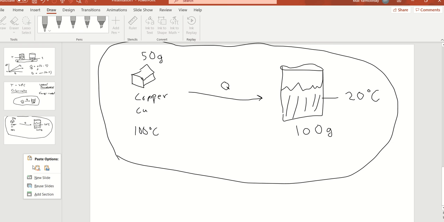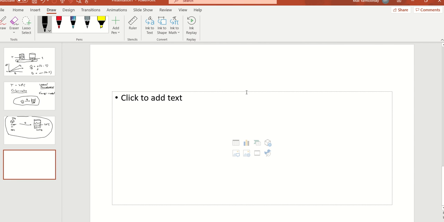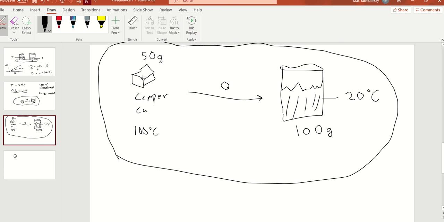Now we can actually get mathematical and really predict the final temperature of the combined system. And that's kind of the goal of calorimetry, to try to predict what's going to happen. Well, the way you think about this is we know that the heat, Q, is going to flow, heat is going to come out of this hot copper piece of metal, and all of that heat is going to go into warming up the water.